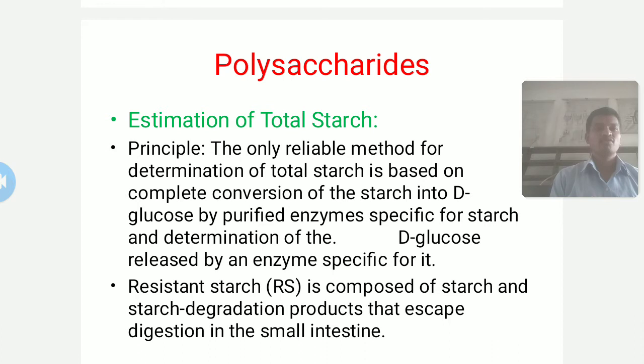The principle for this method is that the determination of total starch is based on complete conversion of the starch into D-glucose by purified enzymes specific for starch, and the determination of the D-glucose released by an enzyme specific for it.